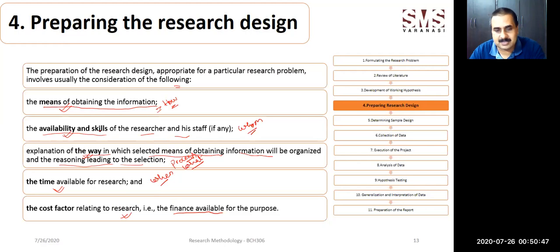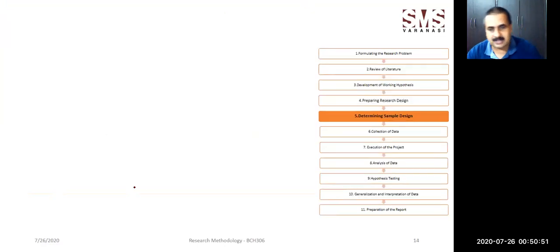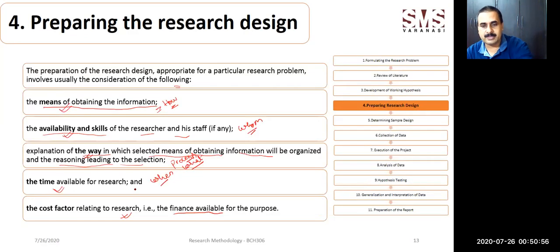These are the basic questions which are considered while devising our research design. So we have covered research design, and in this research design we usually try to cover basic questions: what to do, when to do, where to do, how to do, and by whom it should be done. So in doing so, these are the 5 basic requirements, and these are an integral part of this research design. So this is it for research design.